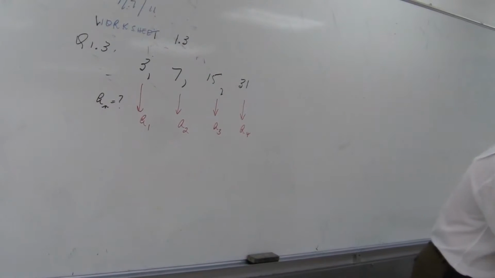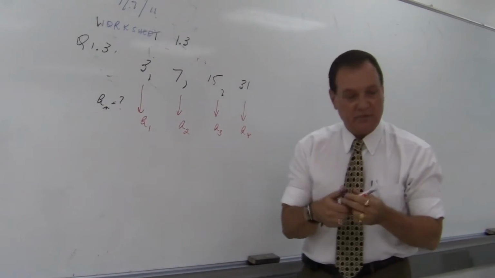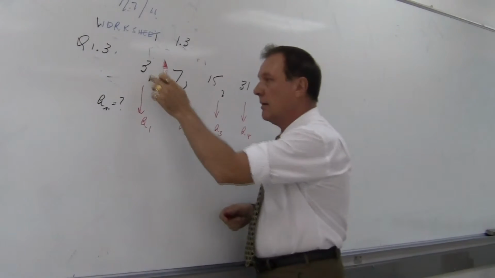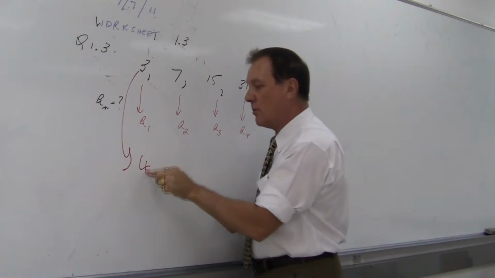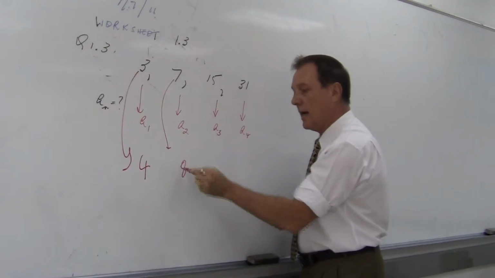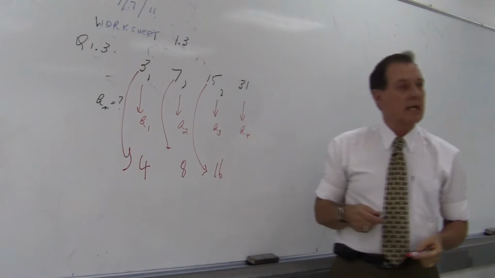I'm going to put up another set of numbers for you to look at, but I'll put these in red. Instead of this one here, I'm going to write 4. Instead of the 7, 8. Instead of 15 here, 16.